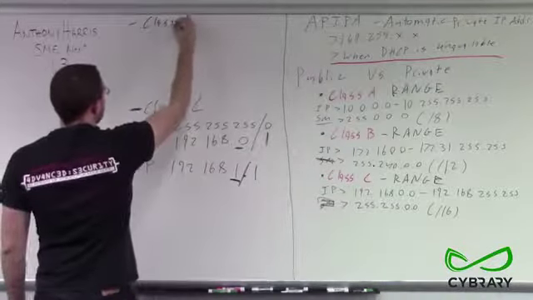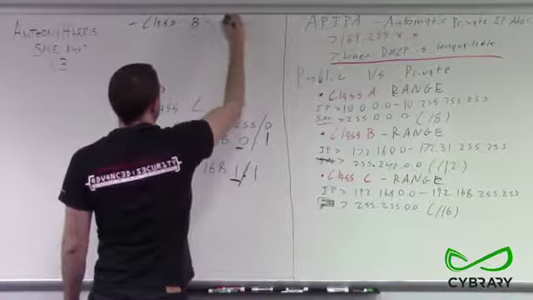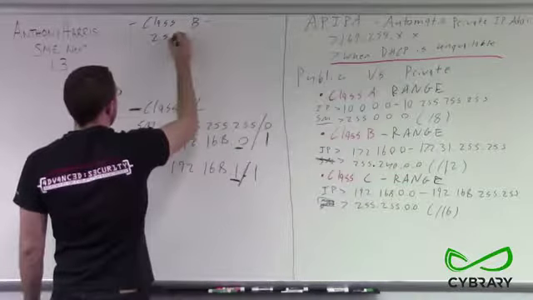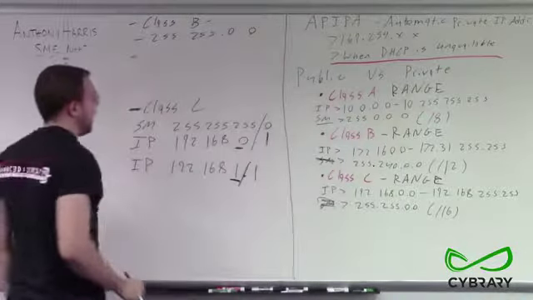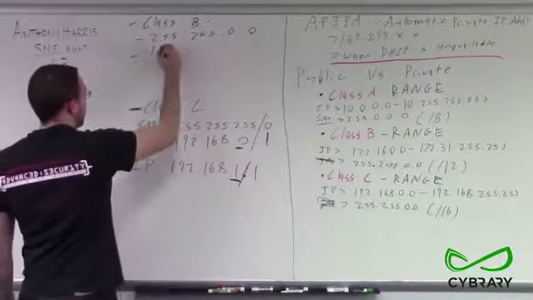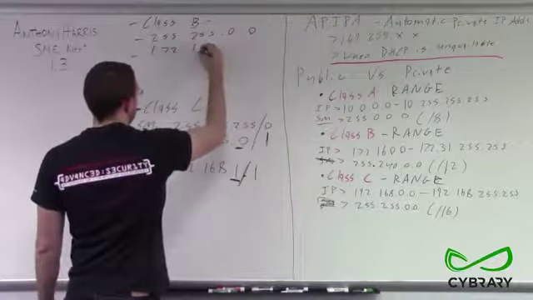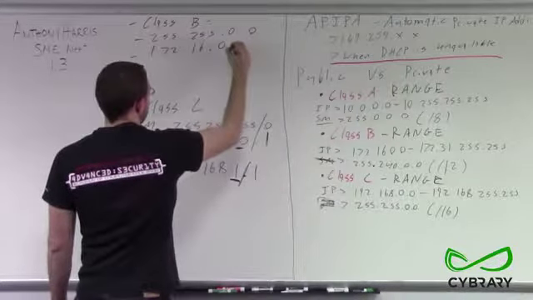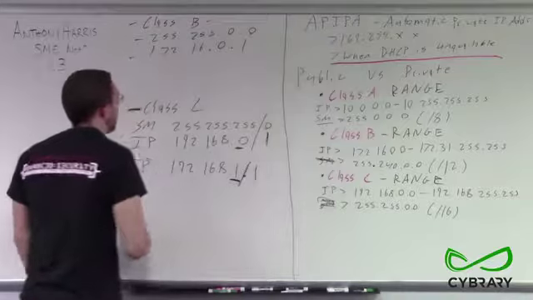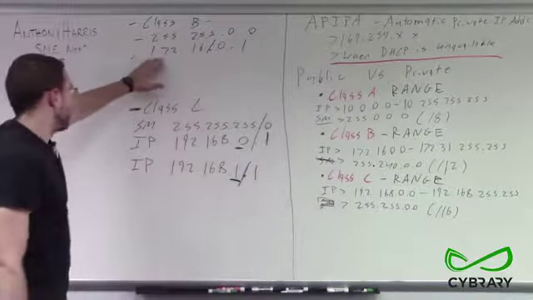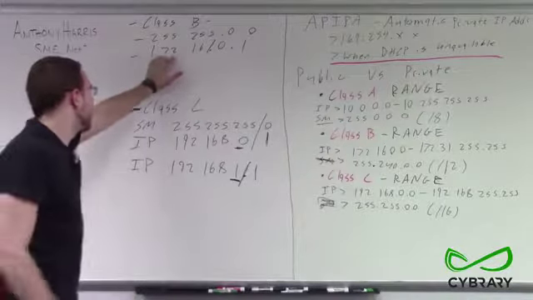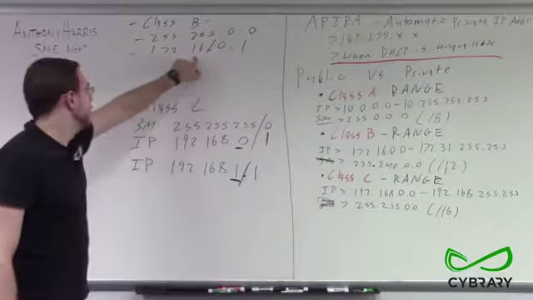We said for our Class B, our default subnet mask is 255.255.0.0. So if we have an IP address of 172.16.0.1, then that means that our network portion, our network ID, is going to be 172.16.